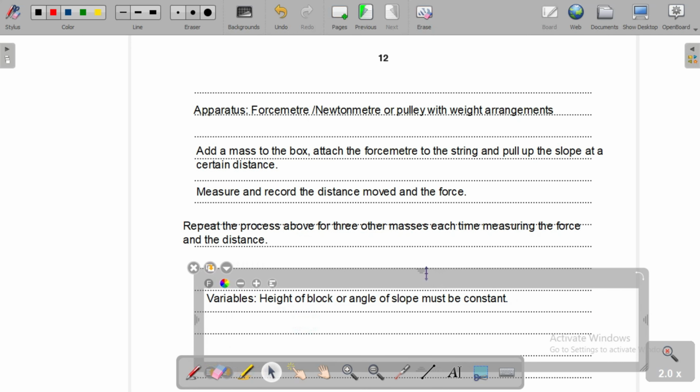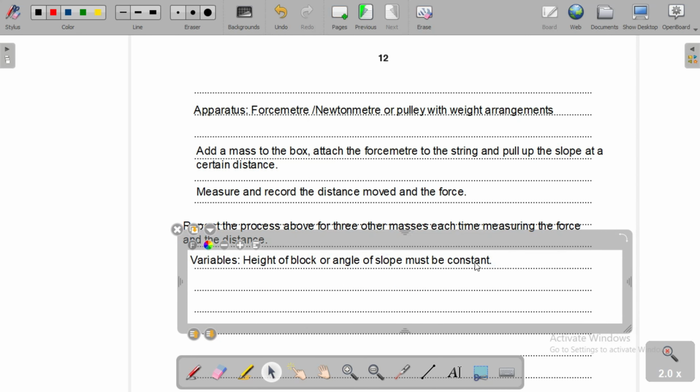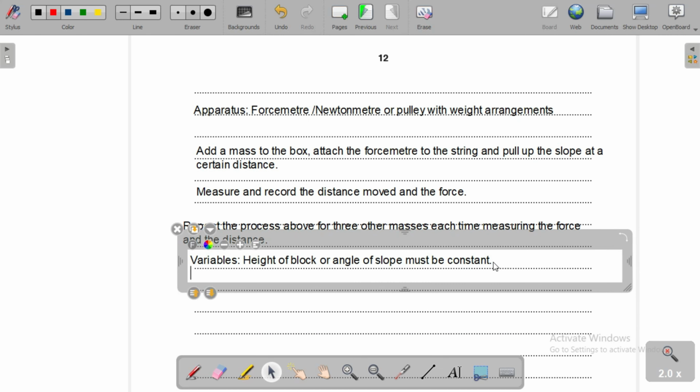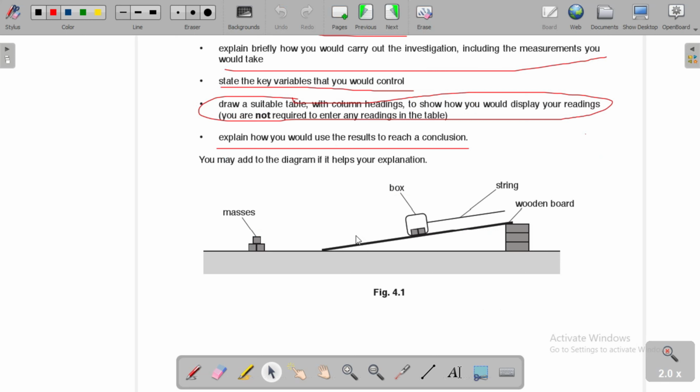That is the first variable. Also, distance must be kept constant. So let's take the next question.